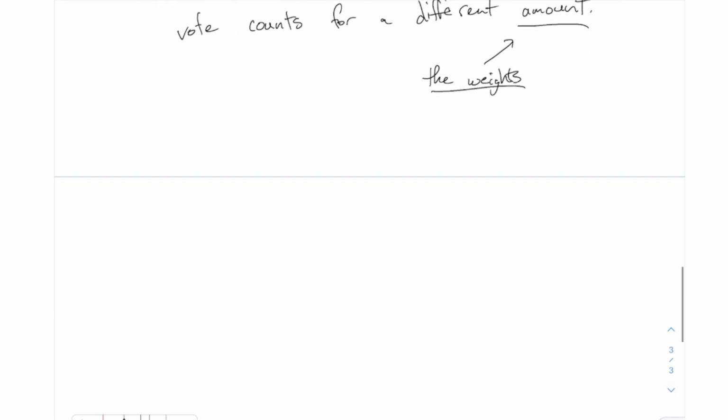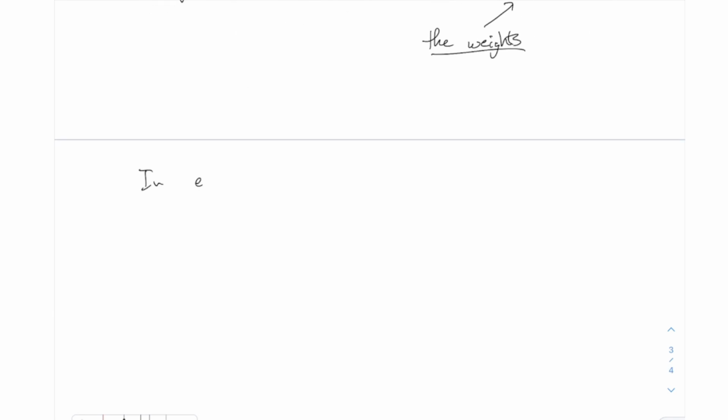All right, so in the real Electoral College, the votes are according to populations of states, and the biggest state by population is California, which gets 55 votes. I think this is right. Actually, I didn't double check these numbers.